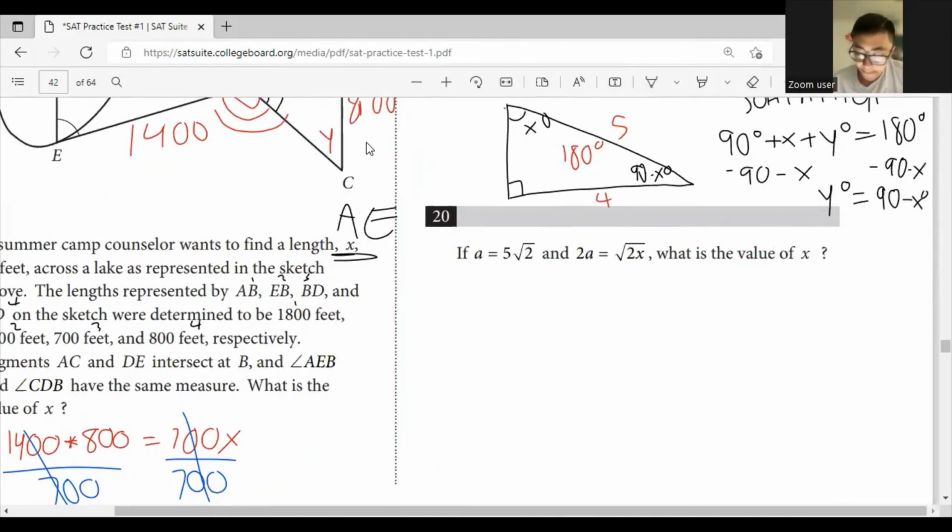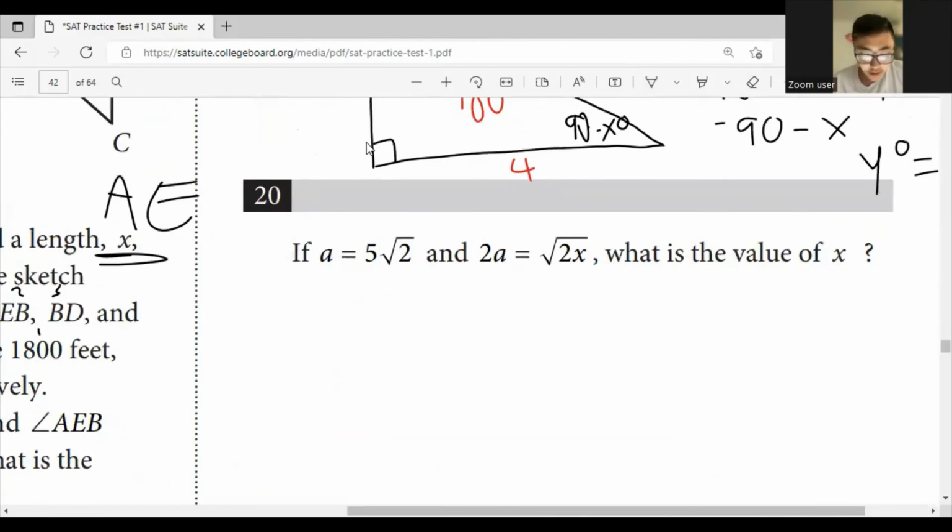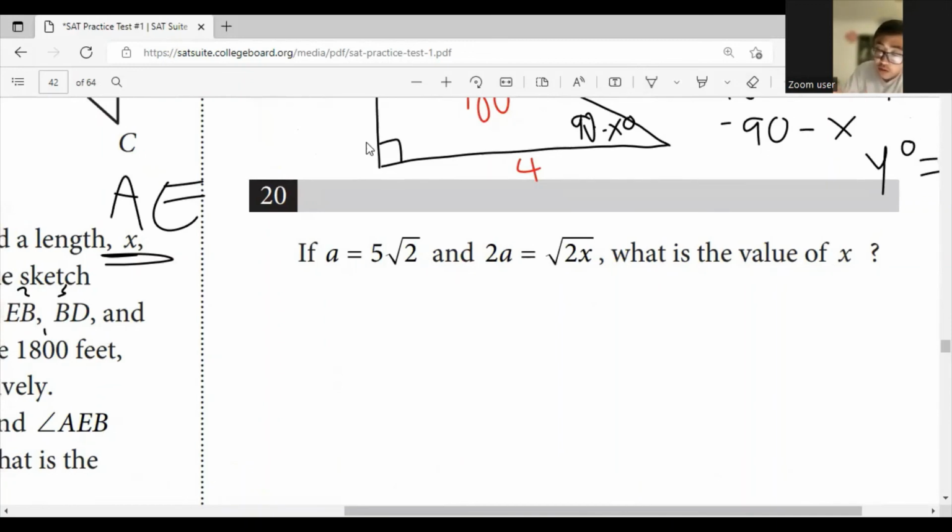All right. If a equals 5 times root 2 and 2a equals the square root of 2x, what is the value of x? Well, I know a is equal to 5 root 2. So I need to know the value of x. I know 2a equals root 2x.